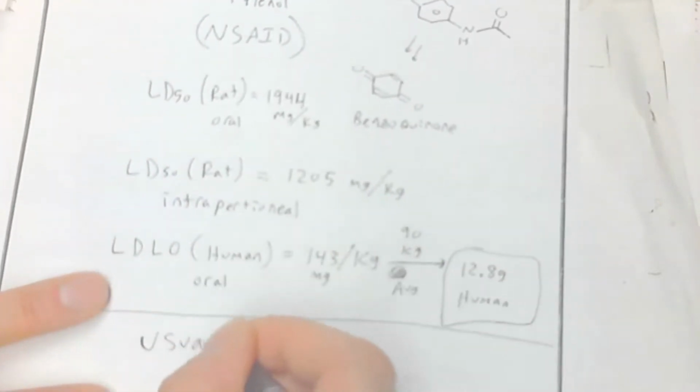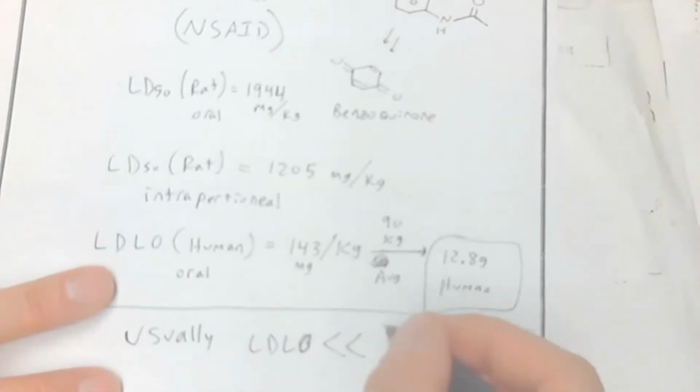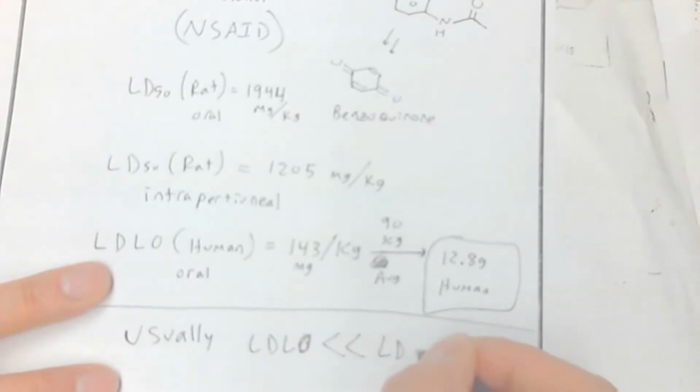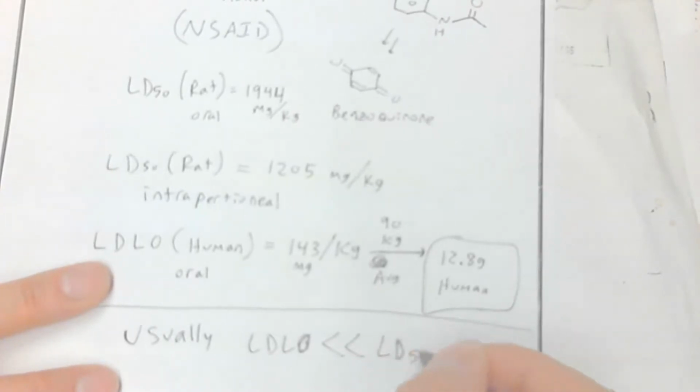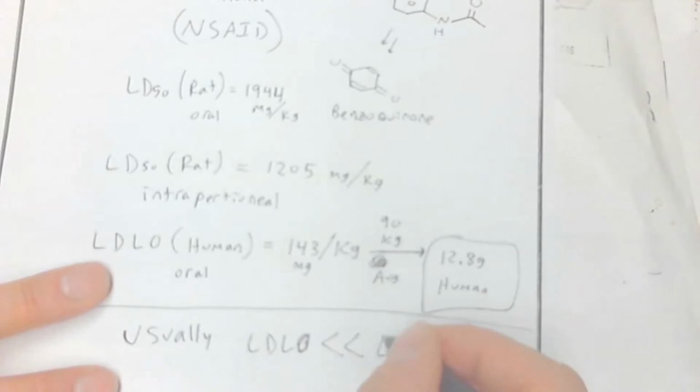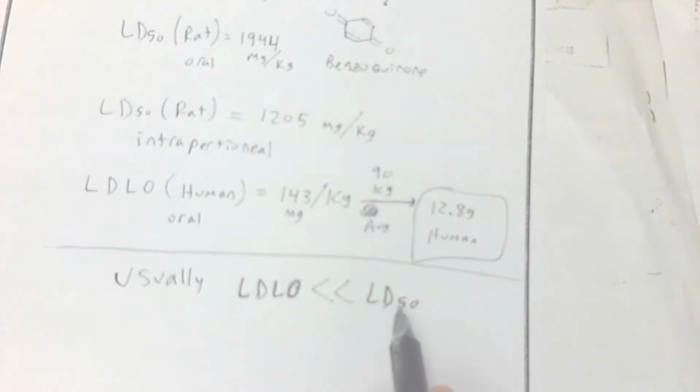As I said, usually LD low would be much less than LD50. That makes sense, because the lowest observed dose would be for a single human, whereas LD50 assumes a larger population.